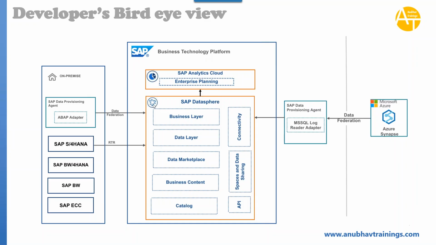So when you come to DataSphere, this is the logo of DataSphere, you can see. When it comes to DataSphere, you start with the catalog. First you browse the catalog to see if a requirement you're trying to build is already built by somebody else in your team, which you can reuse. On top of it, you can browse the business content, the content offered by SAP or by SAP partners, where you have already followed industry best practices.